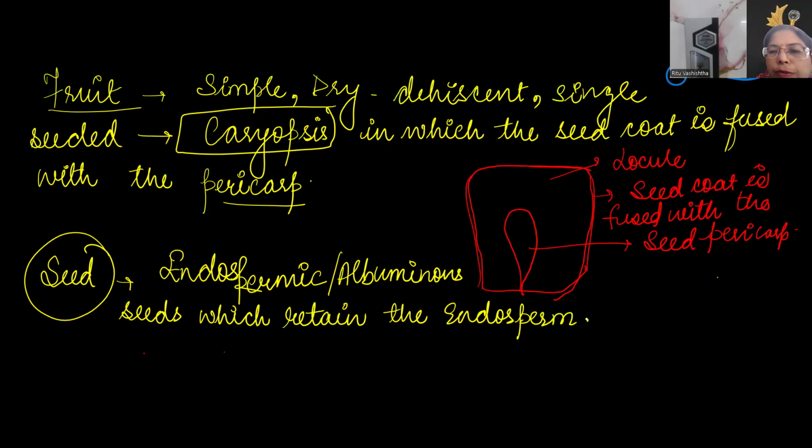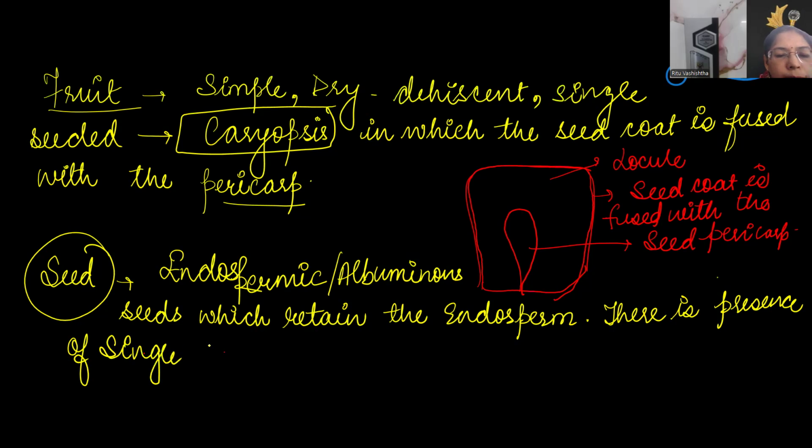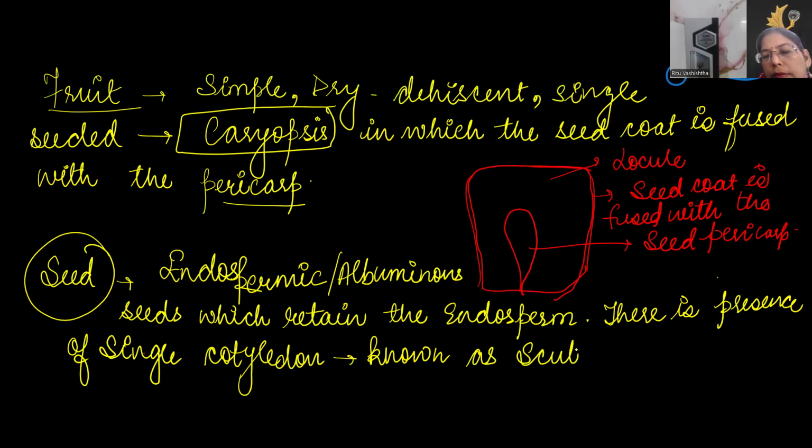Means till maturity endosperm is present, and at the same time there is presence of a single cotyledon which is known as scutellum. And this scutellum is a shield-like structure.